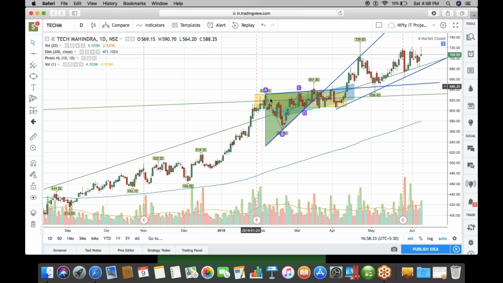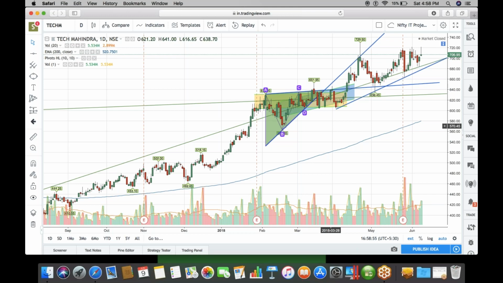If the previous trend is downtrend and there's an upside breakout, do not trade it. If previous trend is downtrend and there's a downside breakout, you should trade it. So do not go against the trend. This is very important when you are trading an ascending triangle.